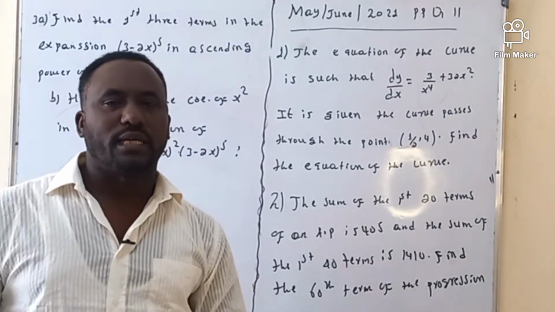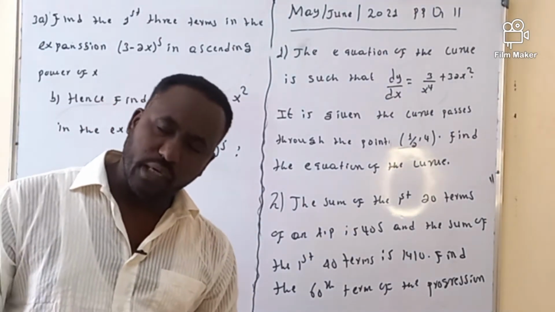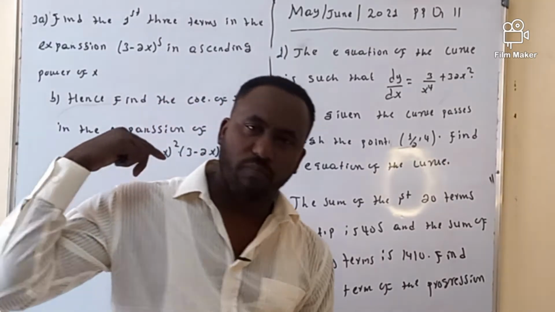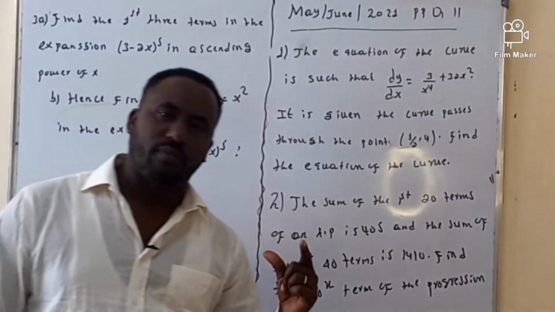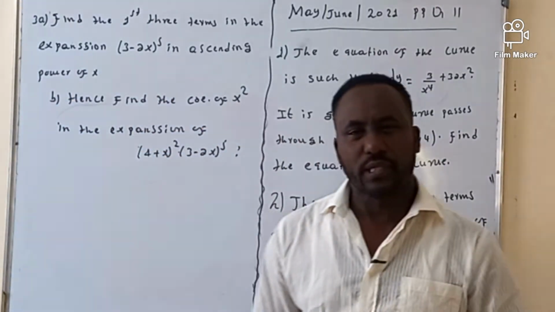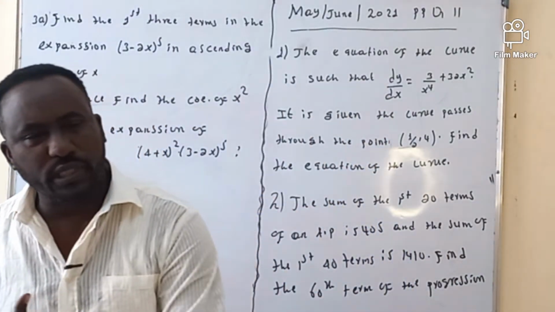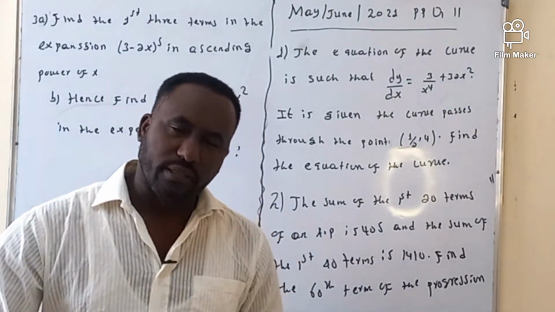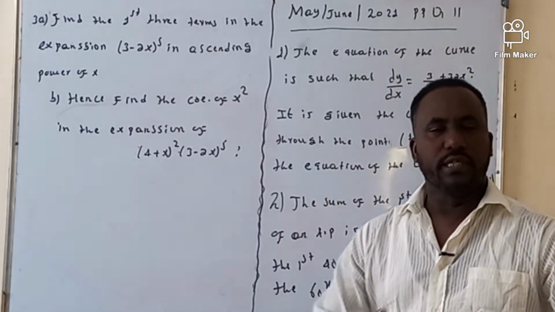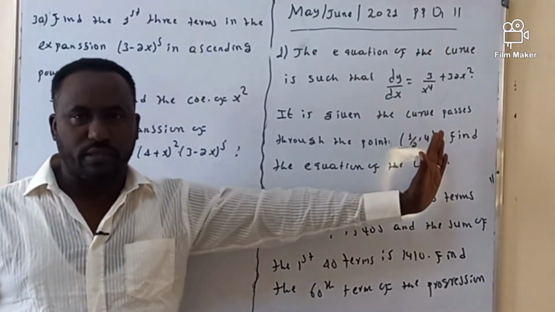First of all, what is the relation between derivative and integration in general? As you know, in our previous videos you can look at what integration and derivative mean. Differentiation is simply the process of finding the derivative of some function, and integration is the reverse process of finding the integral of any function.